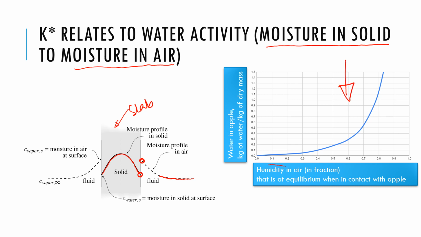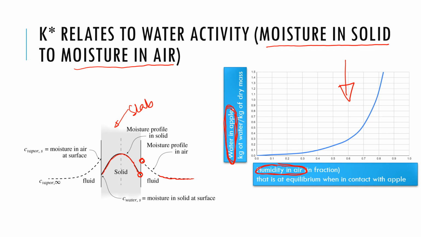So this x-axis here is humidity in air, so this is the moisture in air, and this is, in this case, the curve for apple tissue, and so this is the moisture in apple or moisture in the solid. So moisture in the solid and moisture in air, they are related by this.